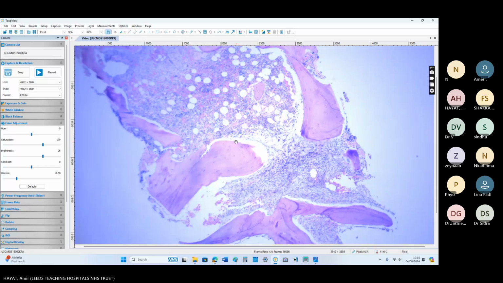The blood film shows a pancytopenic picture. Because of pancytopenia, you did the bone marrow biopsy for this patient, and this is the Giemsa stain at power 4. So I need someone to comment on this.